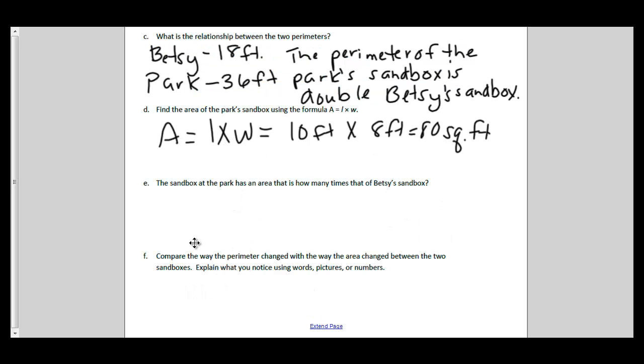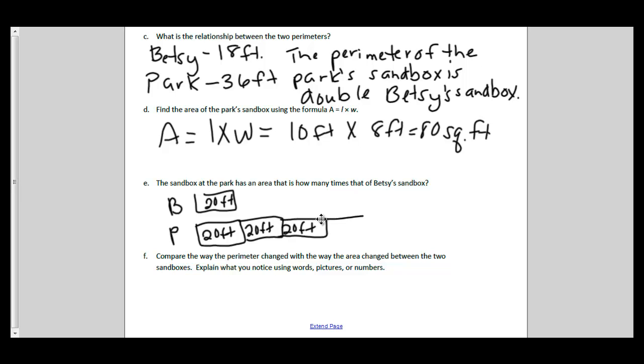So if Betsy's sandbox is 20 square feet, so let's take a look here. So B stands for Betsy. That's 20 square feet. So then the park is 80. So I'm going to see how many 20s that is. So this is 20, 40, I bet you're seeing it, 60, that would be 80.